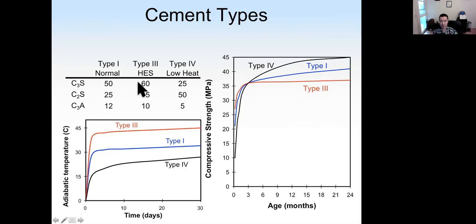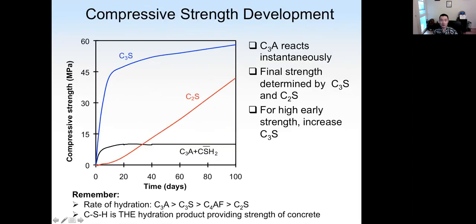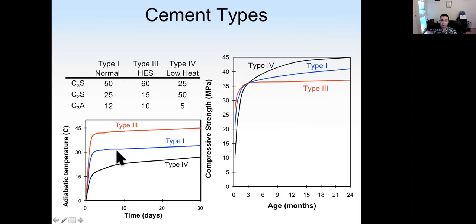Because C3S reacts faster compared to C2S. For low heat options, we should reduce the percentage of C3S and increase the percentage of C2S for the same reason, because C2S will generate less hydration heat.